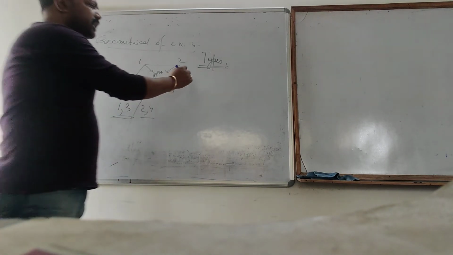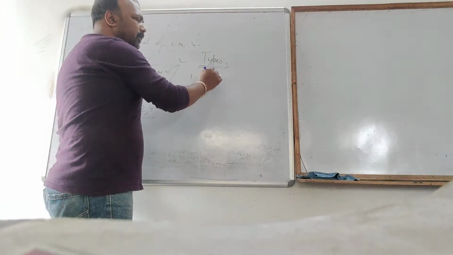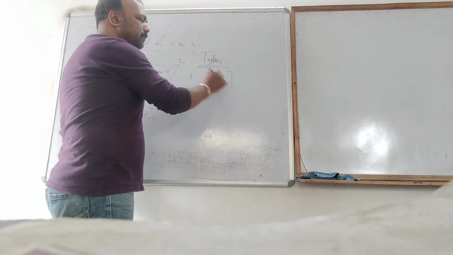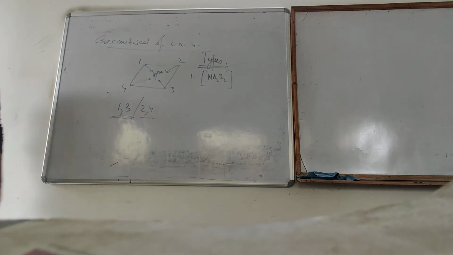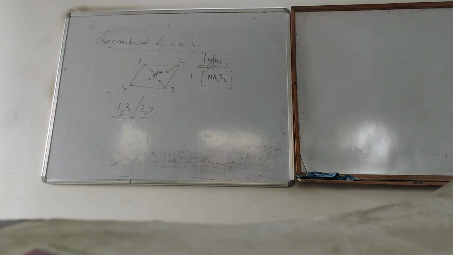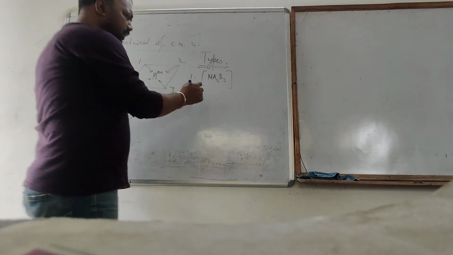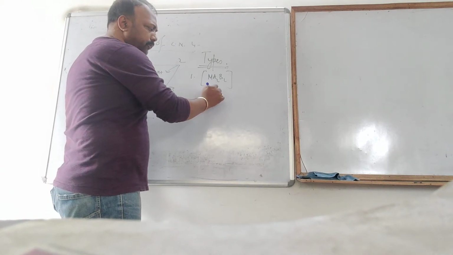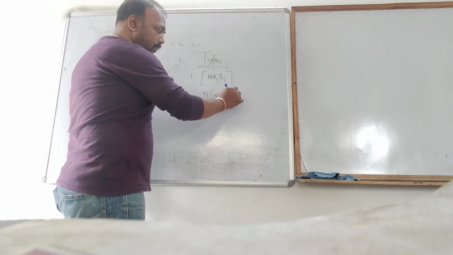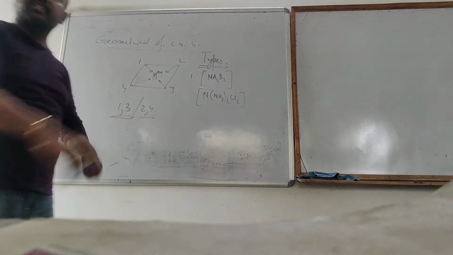The first type, I am writing in general, is the M A2 B2 type. M is the central metal, A is one ligand, B is another ligand, and these are monodentate ligands. I wrote A and B, but you can write X, Y, P, Q, anything. M is the metal, and for the rest you can write any ligand. For example, let me take an example: Pt(NH3)2Cl2. Is it of that type?